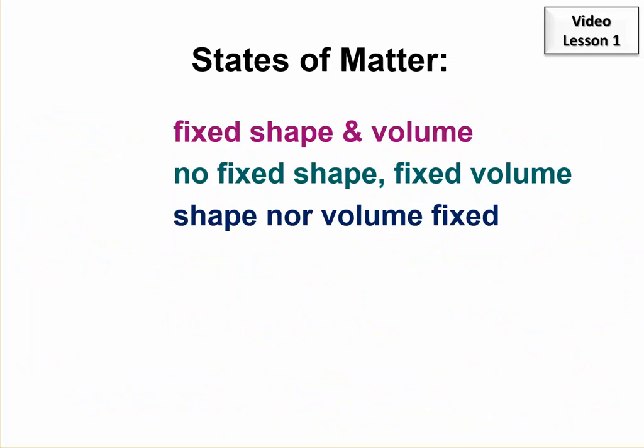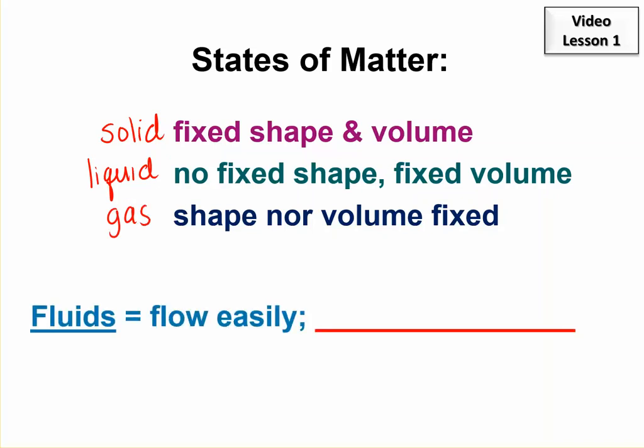So fixed shape and volume, that's solid. No fixed shape but a fixed volume, that's a liquid. And where neither the shape nor volume is fixed, that's a gas. Okay, so we should know that.